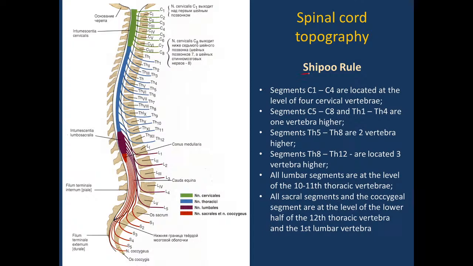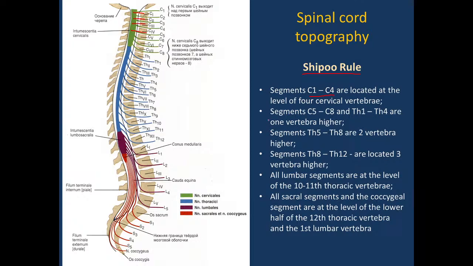This is the rule, we call it spinal cord topography or Shipo rule, which shows us that the segments from the first to fourth are located at the level of the 4 cervical vertebrae, the same level, 1, 2, 3, 4.